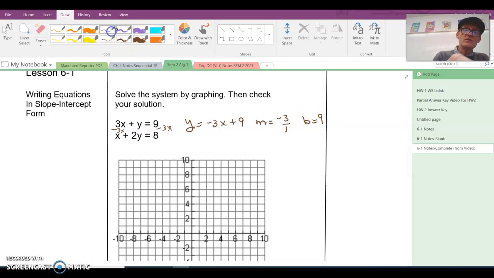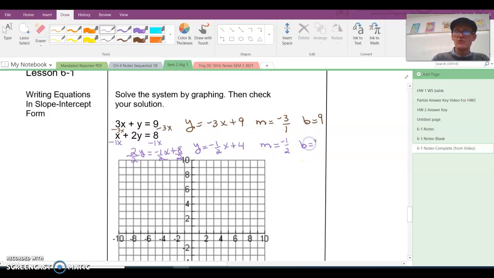For the next equation, it's solved for y by subtracting the 1x. I get 2y on the left, negative 1x plus 8 on the right. I have to divide by 2, and I get y equals negative 1/2 x plus 4. So the slope of this line is negative 1/2, and the y-intercept is 4.